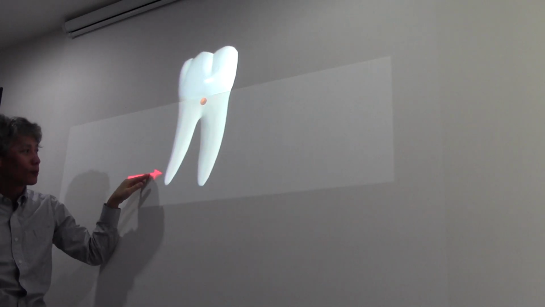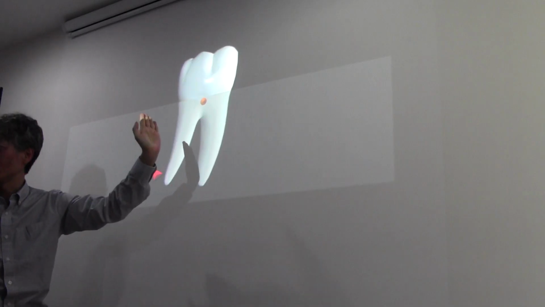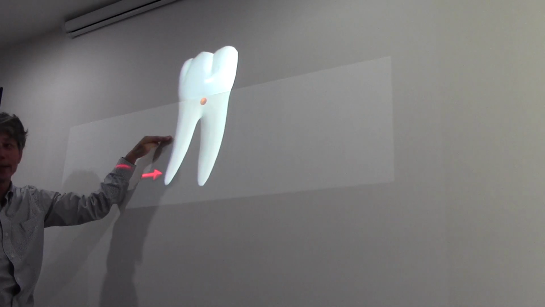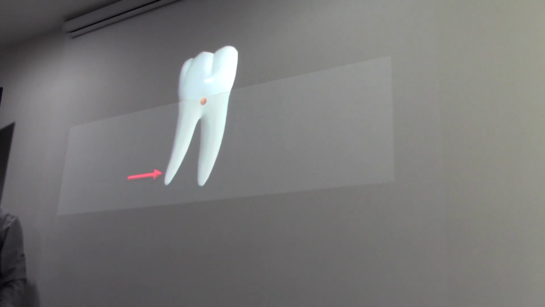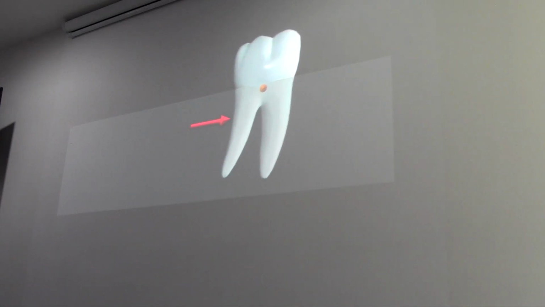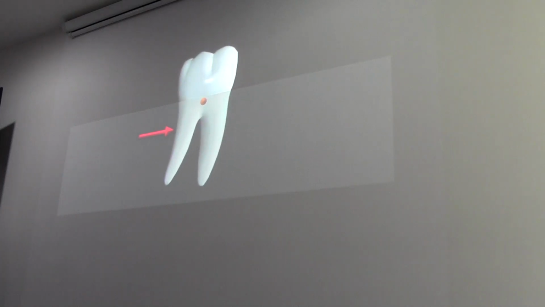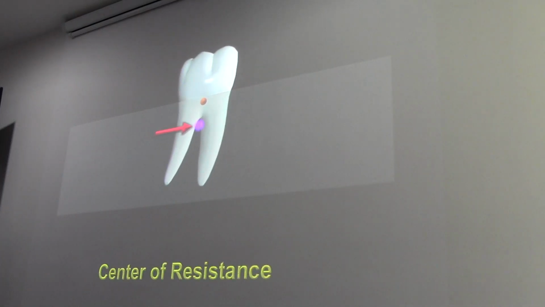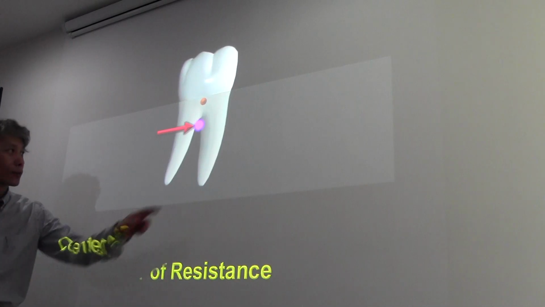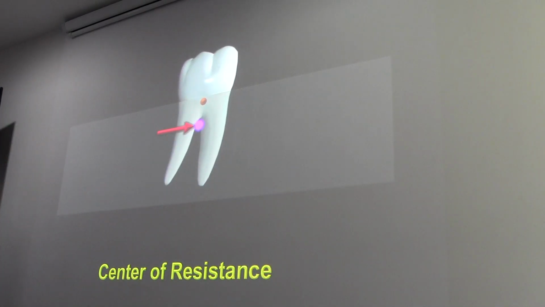The force on the root gives you a counterclockwise tipping, so there must be some place in between where it translates, something like this. If you apply the force there, it's going to translate, and this point is called the center of resistance of the tooth. The point where we apply the force and the tooth is going to translate is called the center of resistance.